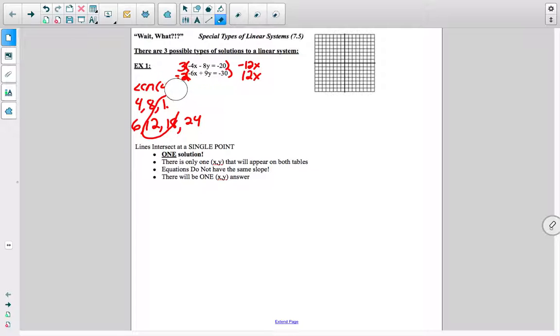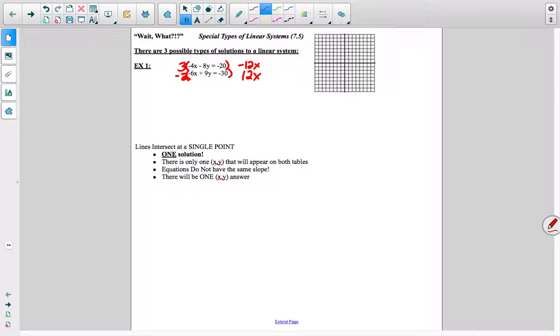I'm going to get rid of this right here, free up some space. So as I continue distributing on the top equation, I get negative 24y equals negative 60. And on the bottom, distributing the negative 2 through, I get negative 18y and positive 60.